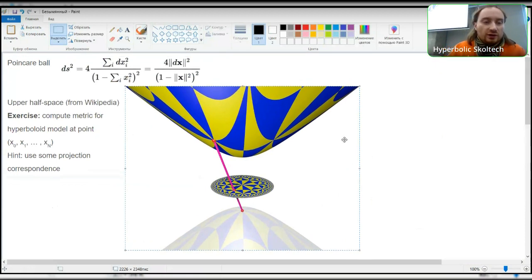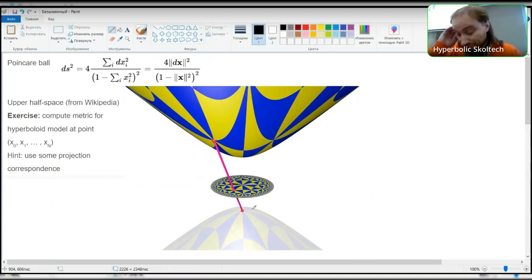So okay, let's compute the metric transition between these two models. So, what are the models here?